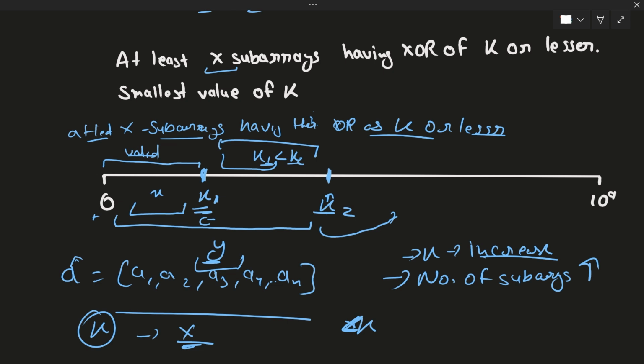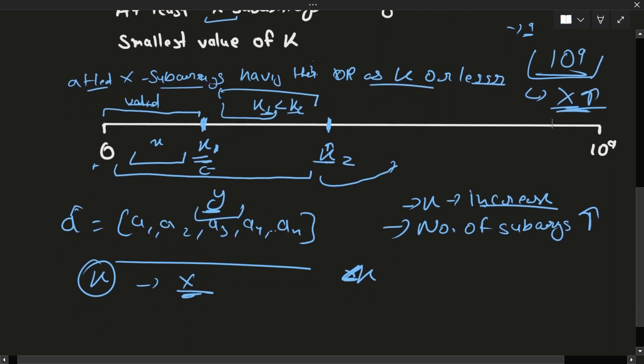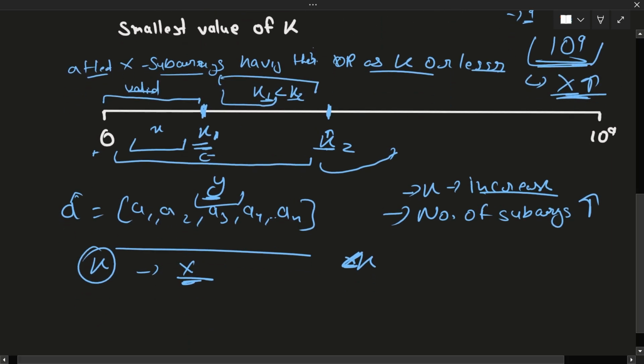So we can say that as the value of k increases, the number of subarrays will increase, right? So we have to find the minimum value of k. Why minimum? Because if I return something like 10 raised to the power 9, the maximum value that we have, then the number of subarrays would be x or more, right? Because 10 raised to the power 9 is the maximum value that our number can have, so the number of subarrays will always be greater than the given x.